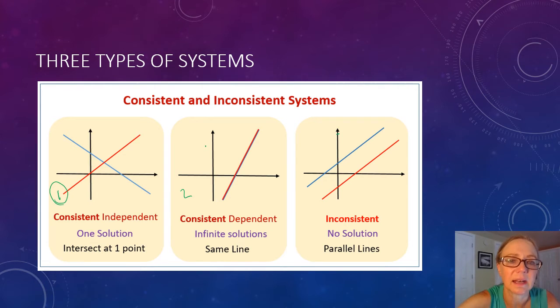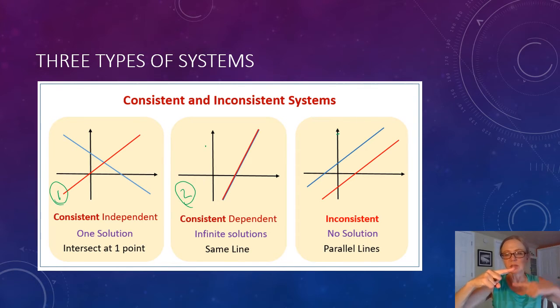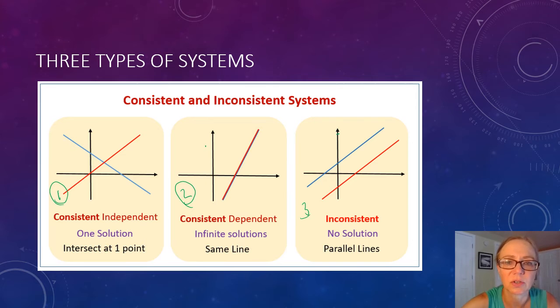The second thing that can happen is you get a consistent dependent system. This is when you have infinitely many solutions because the two equations, although they may look different, end up being exactly the same line. And in the third picture, you can see an inconsistent system where there is no point of intersection and no solution.